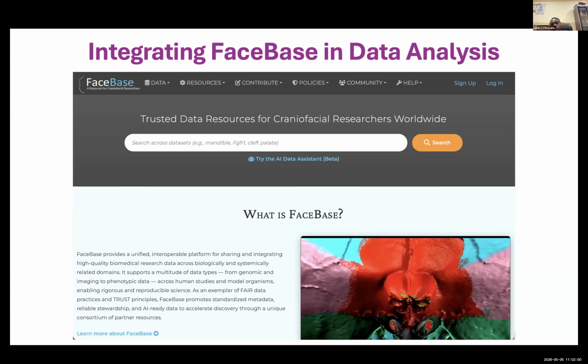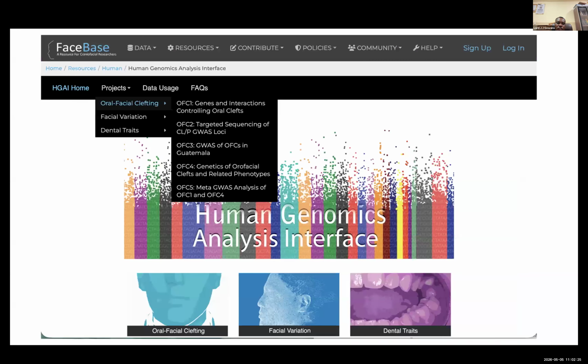After our filtering or prioritization, for example, using the ACMG guidelines, we have to come back to FaceBase, look at what has been reported for this gene in FaceBase, what the expression pattern of the gene may be, and what facial phenotypes have been associated with the disease.